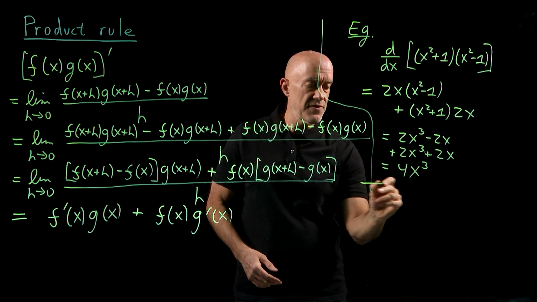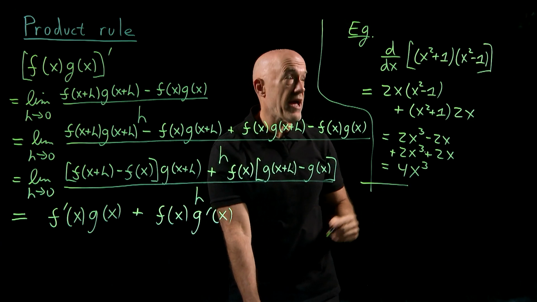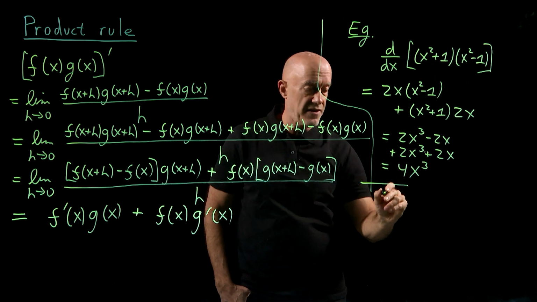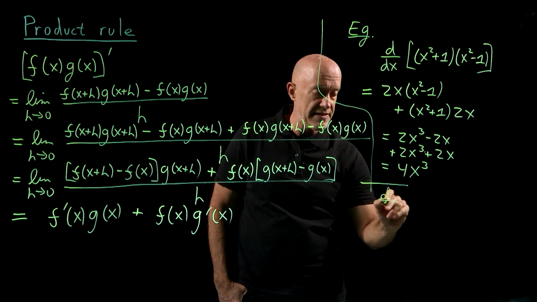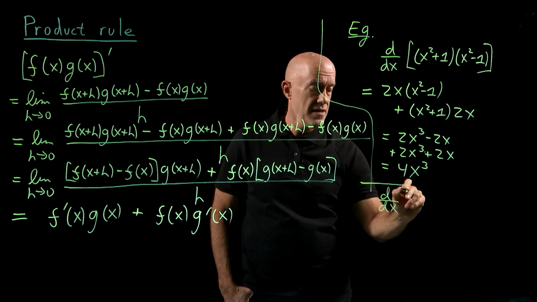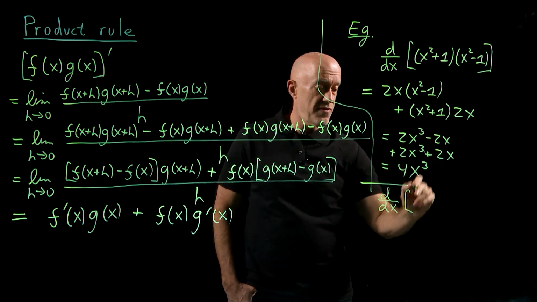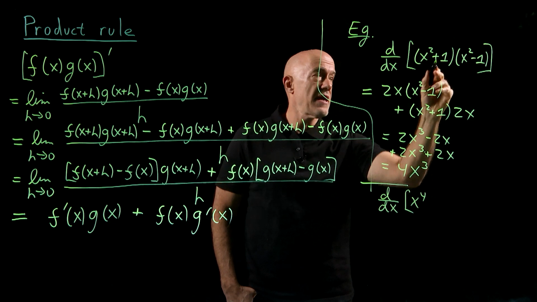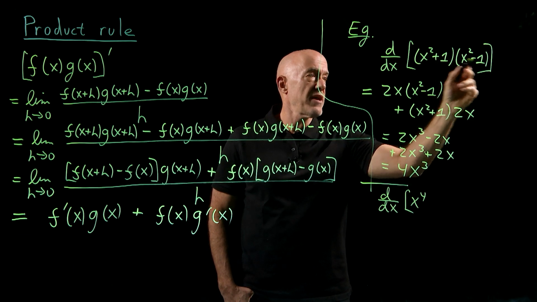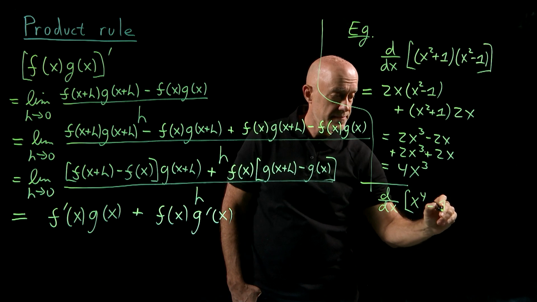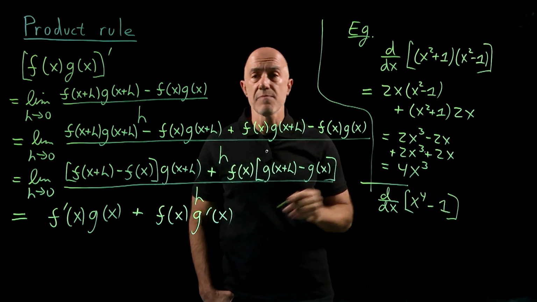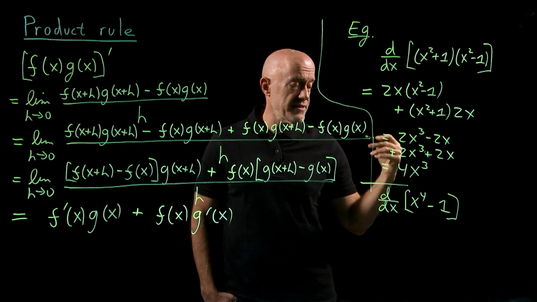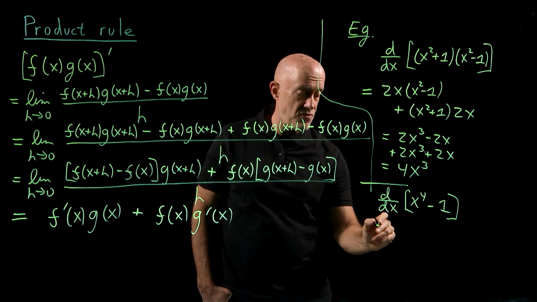Of course, we could have done that in a simpler way. We could have multiplied this out first. So we could have said that's equal to d dx of x to the fourth. And then the cross term cancels, and we have a minus 1. And then we can apply the derivative of the constant is 0, so we just have the power rule here.